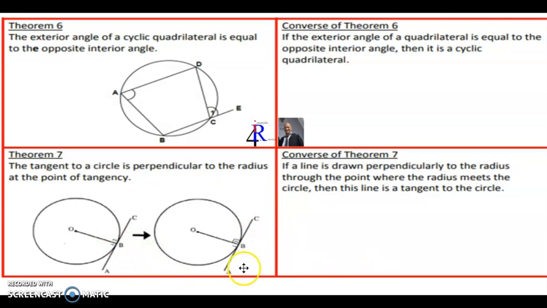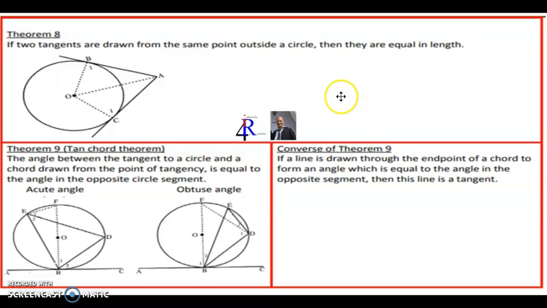The converse of this theorem: if a line is drawn perpendicularly to the radius, then that line is a tangent to the circle. Let's look at theorem 8. If two tangents are drawn from the same point to a circle, then these two tangents are equal in length.